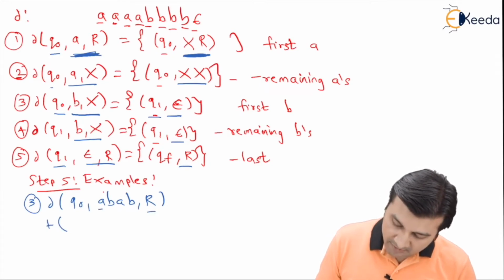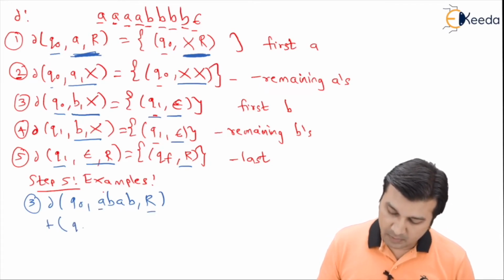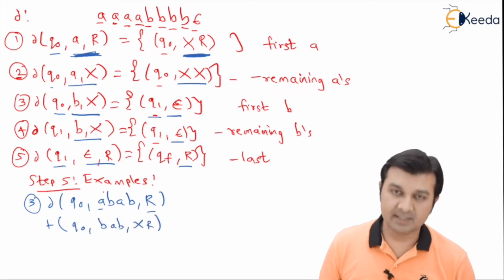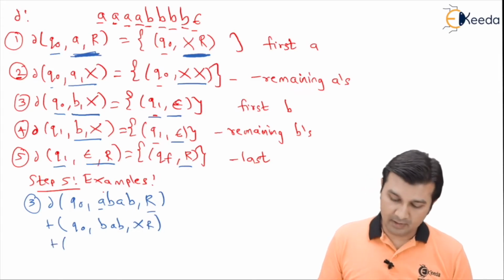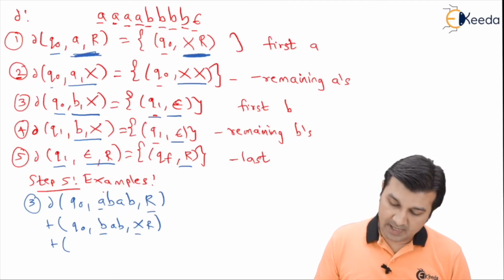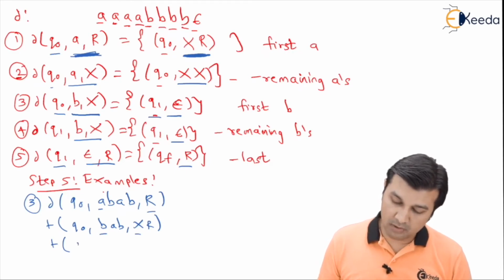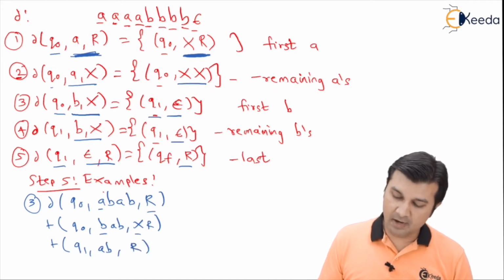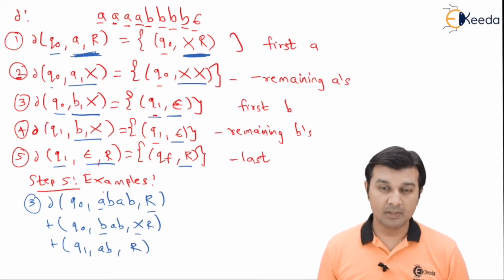Q0 on A when the stack top is R, as per rule 1, I go to Q0 only. I have BAB left with me and XR over here. Further, Q0 on B when the stack top is X, as per rule 3, change the state. I have AB onto the stack and I have R as the top symbol.